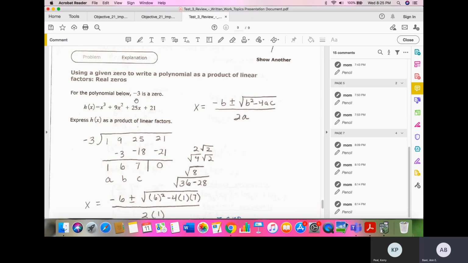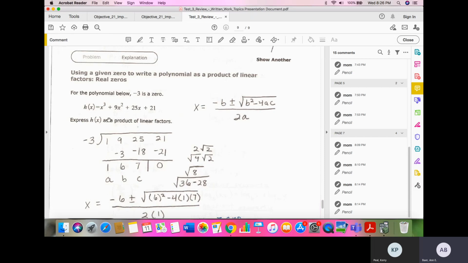So the 0 here, -3, goes out in front of the synthetic division table up here. And then we want to make sure we include every term here. If you're missing a term, you need to put in 0 for a placeholder. So we have 3, 2, this is an understood 1, and a constant is degree 0.